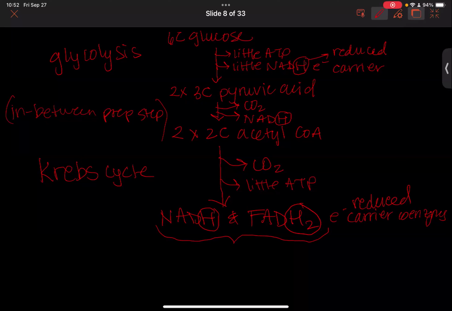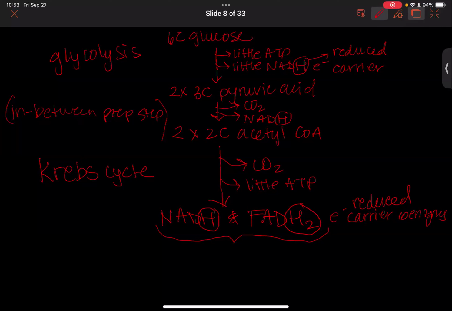But the whole goal of glycolysis and Krebs cycle together is to get to our electron carriers, make those guys. Glycolysis had to happen to give us pyruvate. Pyruvate had to happen to give us the acetyl-CoA that'll go into the Krebs cycle so we can move things around and steal off electrons.